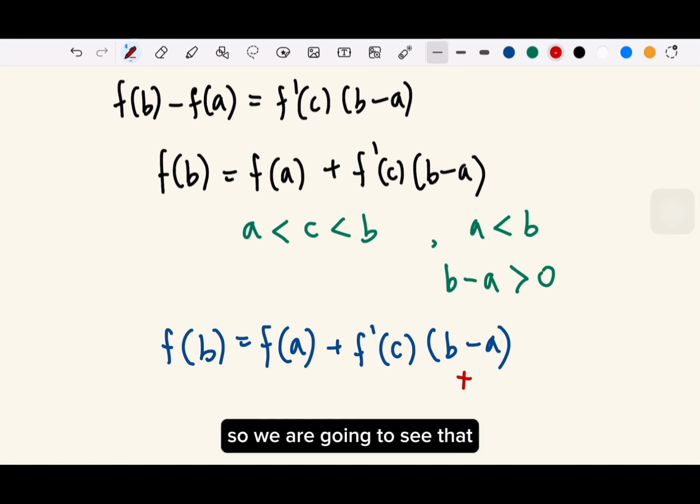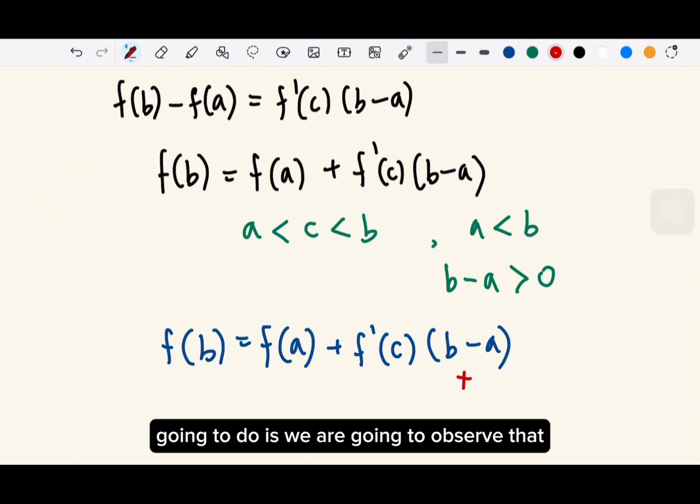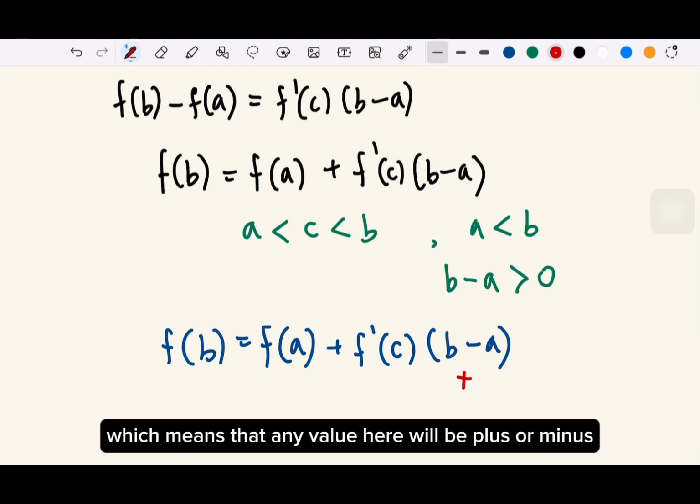So let's say this is some value. According to our f prime, this will change the value. If f prime is positive, this will be positive. If f prime is negative, the whole thing will be negative, which means any value here will be plus or minus. So we can have several consequences.